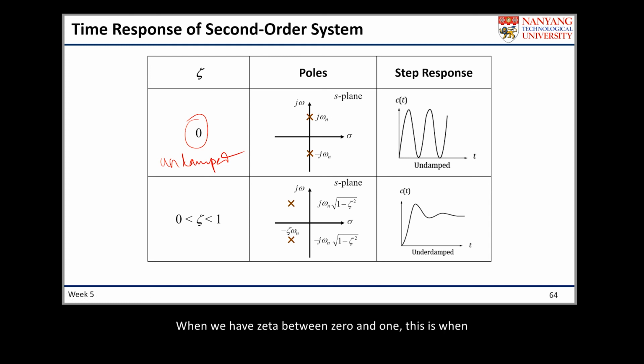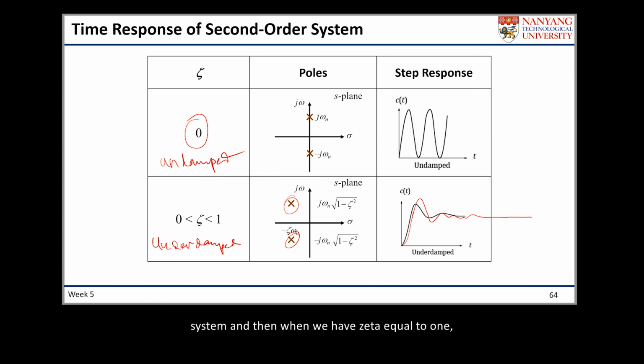When we have zeta between 0 and 1, this is when you have underdamped. In that case, you will have a complex conjugate pair of poles at these two locations. The step response of this kind of system is oscillating, but the amplitude is decaying until at the steady state condition, the response becomes constant. Remember again here, we are only talking about stable system.